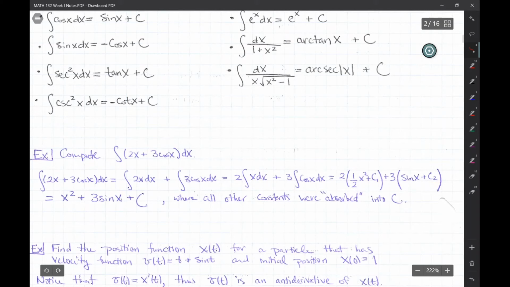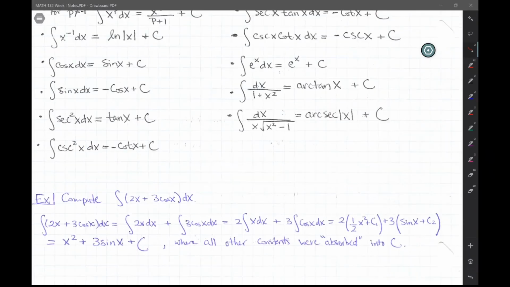It doesn't matter. That constant at the end is just to express the fact that you have a family of antiderivatives. So all we really care is that it's just some c, and we don't care precisely how that c was built. So we're just going to absorb all the other constants into that one capital C, and we will then have the indefinite integral of what we started with.